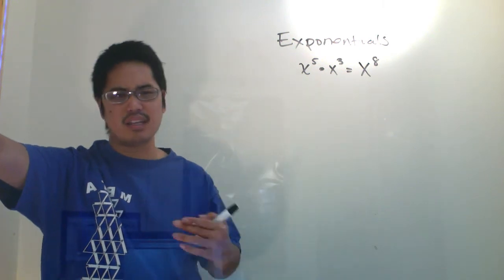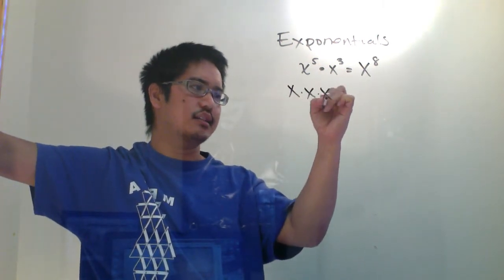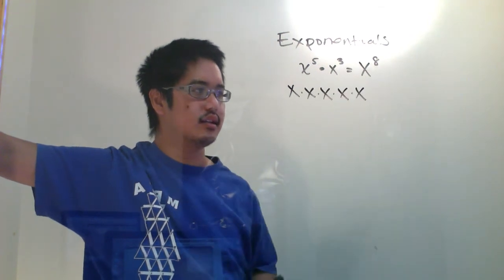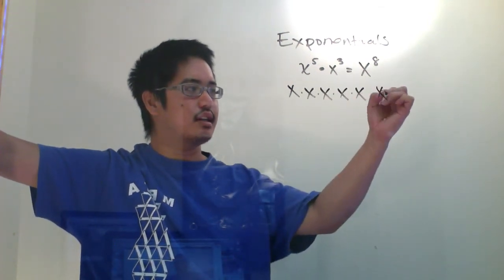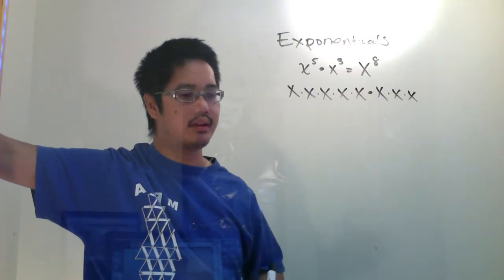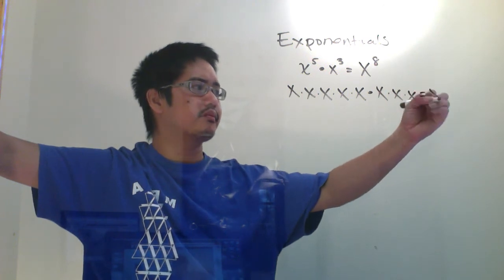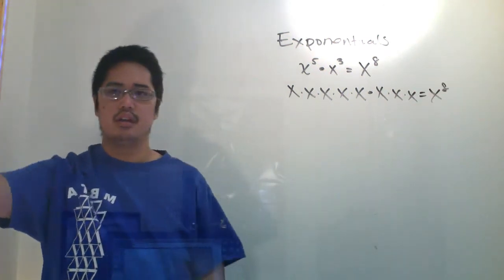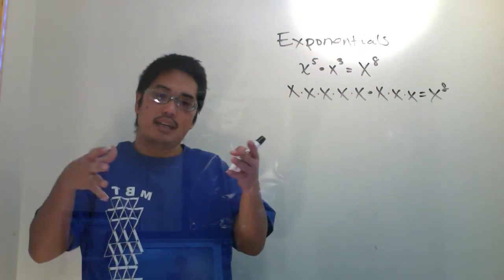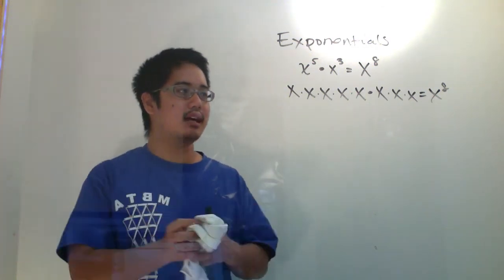Think about it: x to the 5th power means x times x times x times x times x, and x to the 3rd power is x times x times x. I'm multiplying all of them, so if you count out the number of x's, you have 8 of them. Got that? That's the rule for adding exponents. If you have the same base, you can add the exponents.